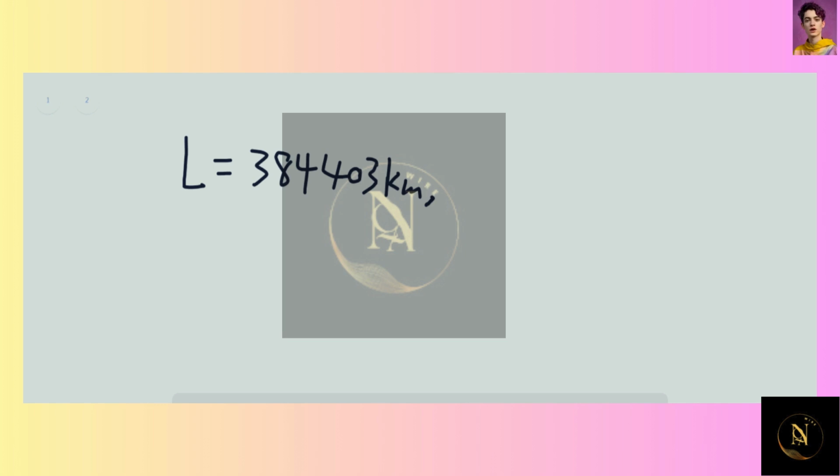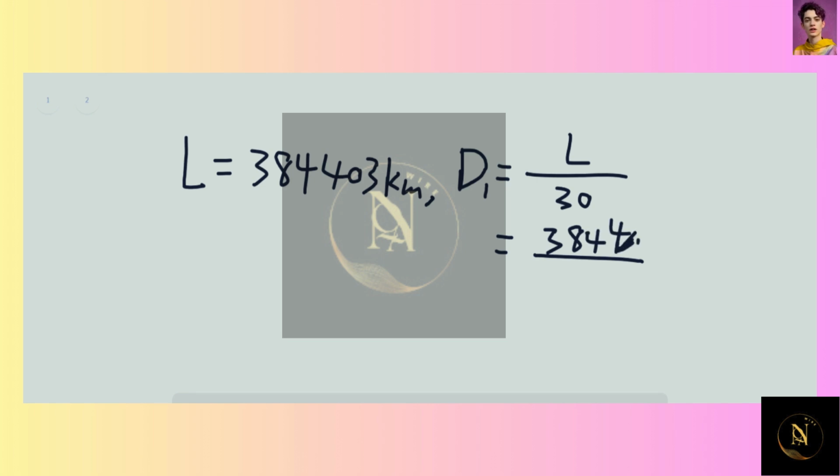So if we divide by 30, the diameter of the Earth, d1, is equal to L divided by 30, which is 384,403 kilometers divided by 30.